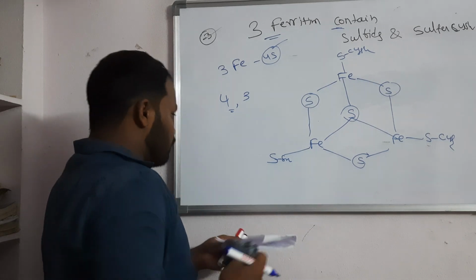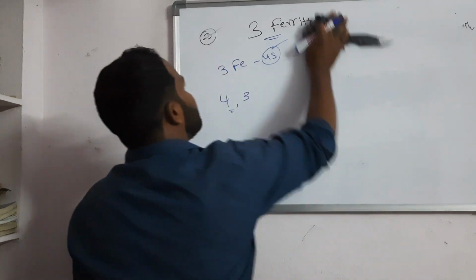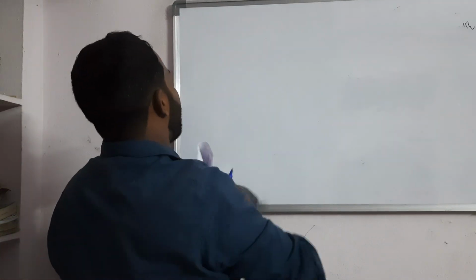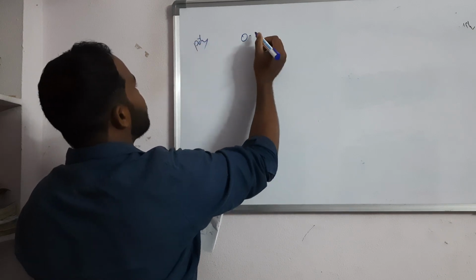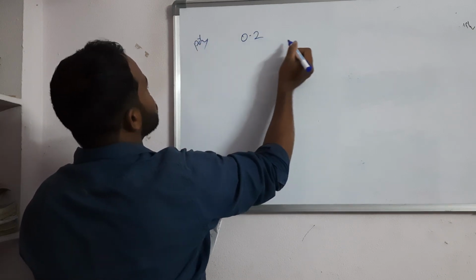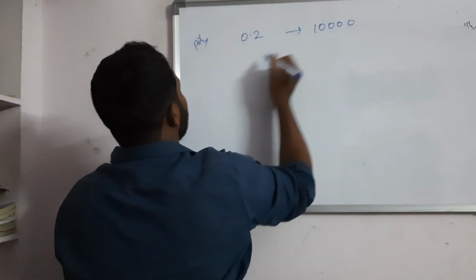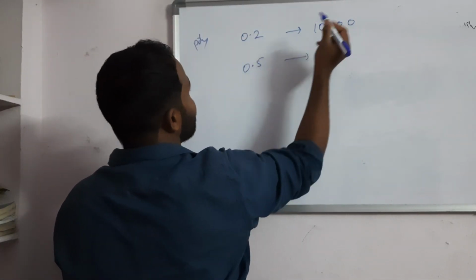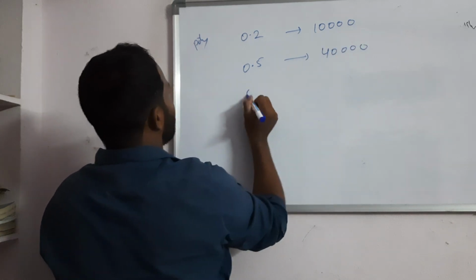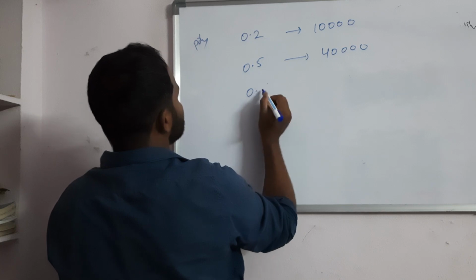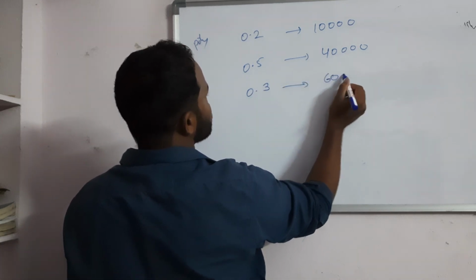Next question, from polymers. The sample fraction 0.2 contains molecular weight around 10,000, 0.5 contains molecular weight around 40,000, and 0.3 contains molecular weight around 60,000.